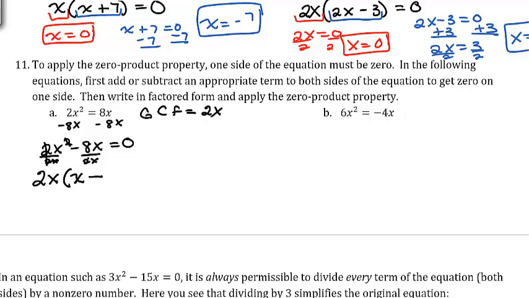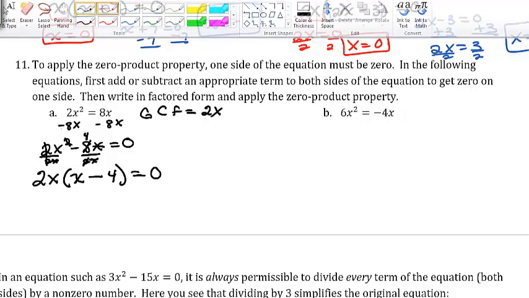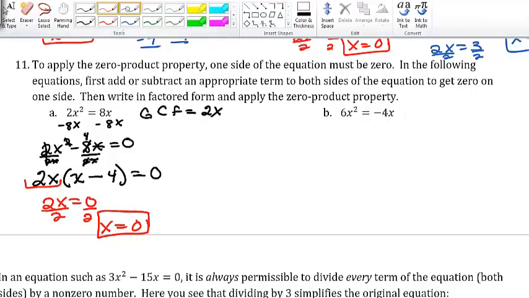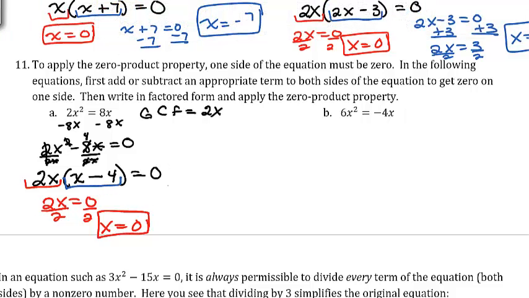And then minus, the 2 goes into the 8 4 times, and the x's cancel, so we have minus 4 equals 0. Now we take 2x and set that equal to 0. Divide by 2 gives us the solution x equals 0. Now we take the second factor, x minus 4, and set that one equal to 0. Add 4 to both sides, and we get x equals 4 as our other solution.